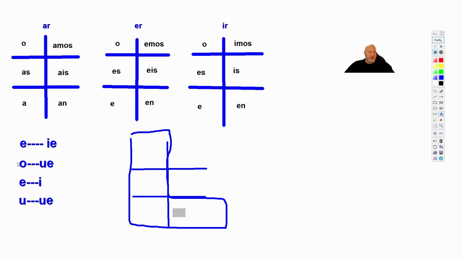And again, there are many verbs in this category where O becomes a UE. Just a matter of discovering them, practicing with them little by little, using the chart, using the list that I gave you. Vale? E becoming an I. For example, one of the most popular ones, pedir, to ask for something, to order. So how do you say I order, or I ask for something?